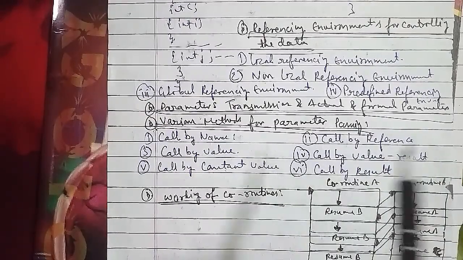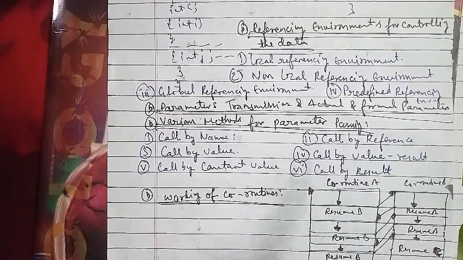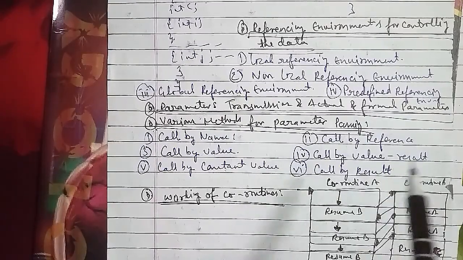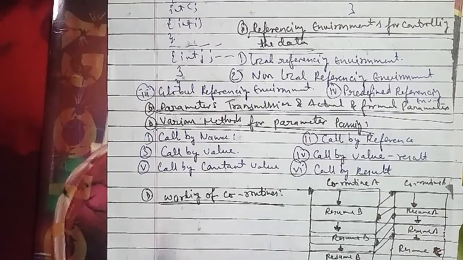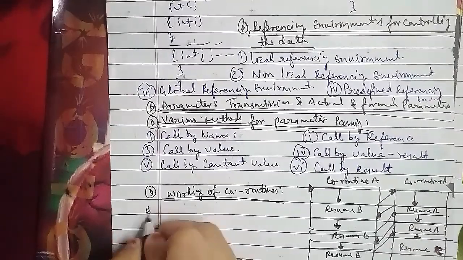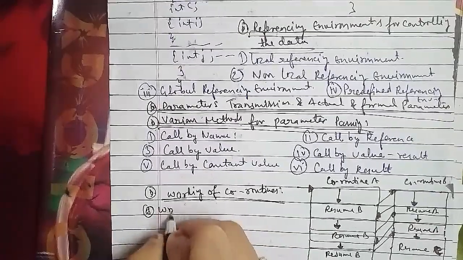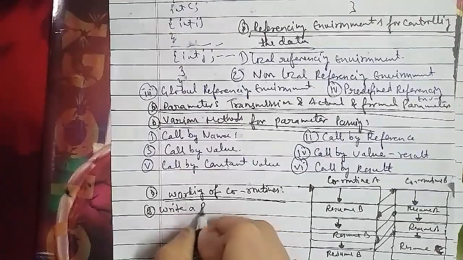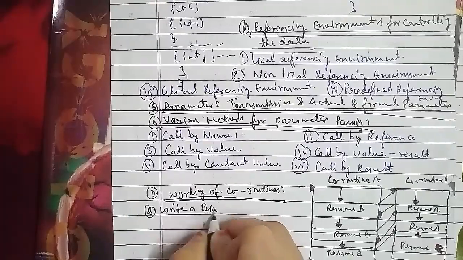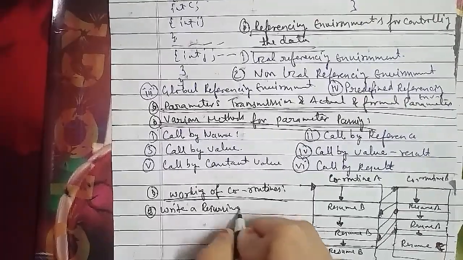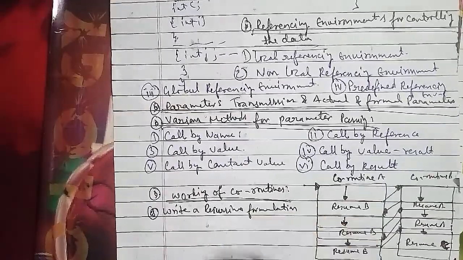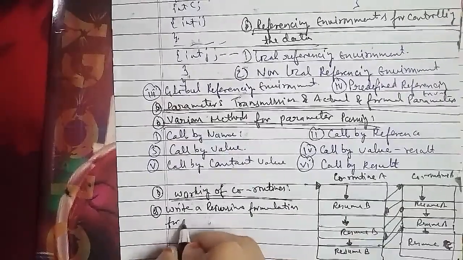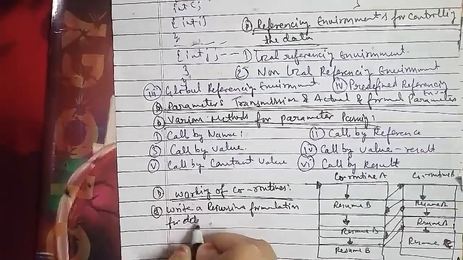Let's go ahead with the question here. Write a recursive formulation for determining if a number n is prime.